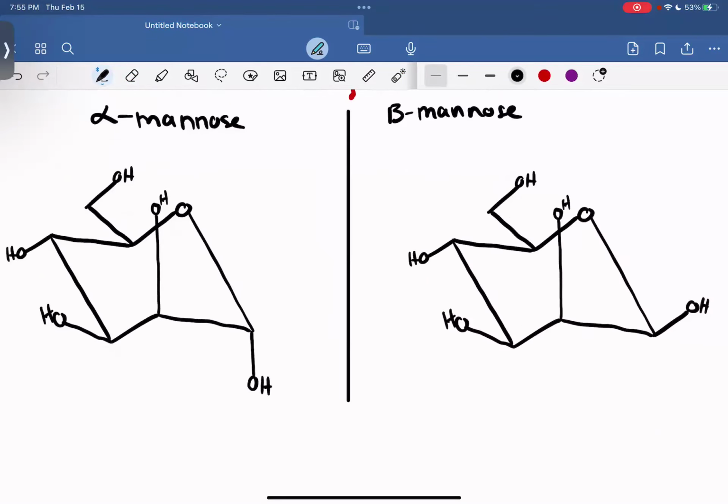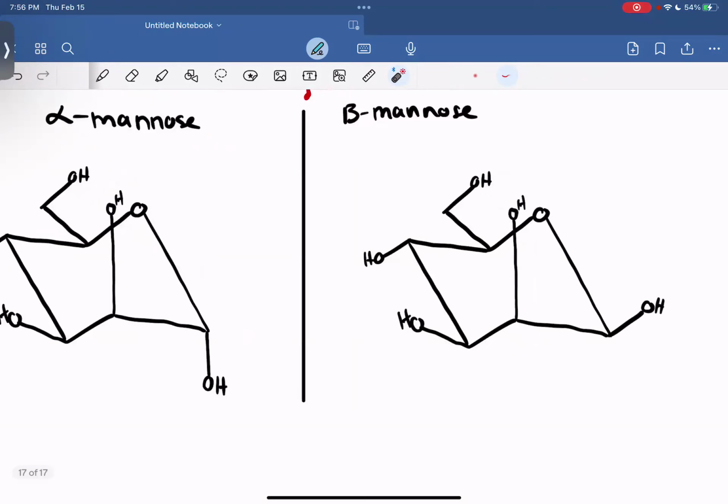Quickly review that. Alpha means that the anomeric carbon is going down. Mannose means that carbon number 2 is going up. So we're basing it all back to glucose, so all the other ones are going to be in the position of glucose.